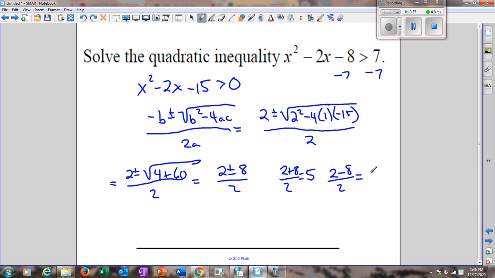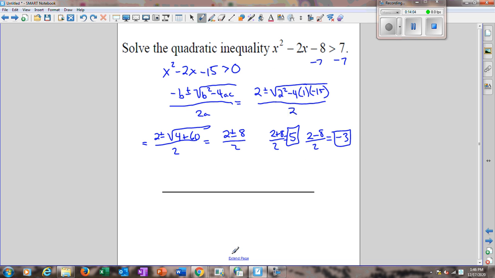Negative 6 over 2 is negative 3. We have negative 3, 5. And now we have to pick some points. Negative 4, 0, and 6. Got to pick a point smaller than negative 3, between negative 3 and 5, and bigger than 5.